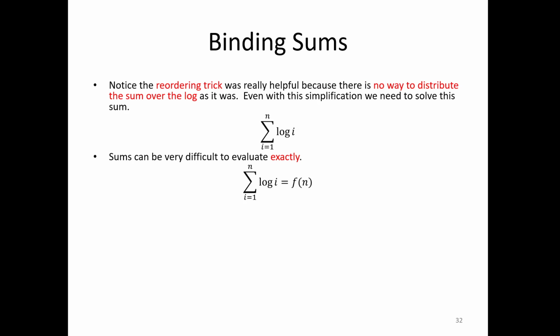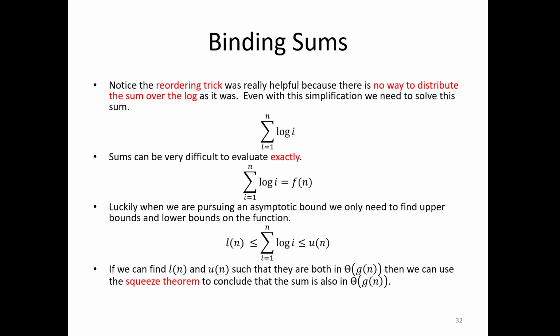Again, I've now focused in on just this sum. Again, it's a little difficult to find the exact formulation. So what I'm proposing is that we look for 2 functions here, u of n and L of n, I'm calling them. One will be an upper bound, one will be a lower bound. And our goal will be that both u of n and L of n are in the same theta class.